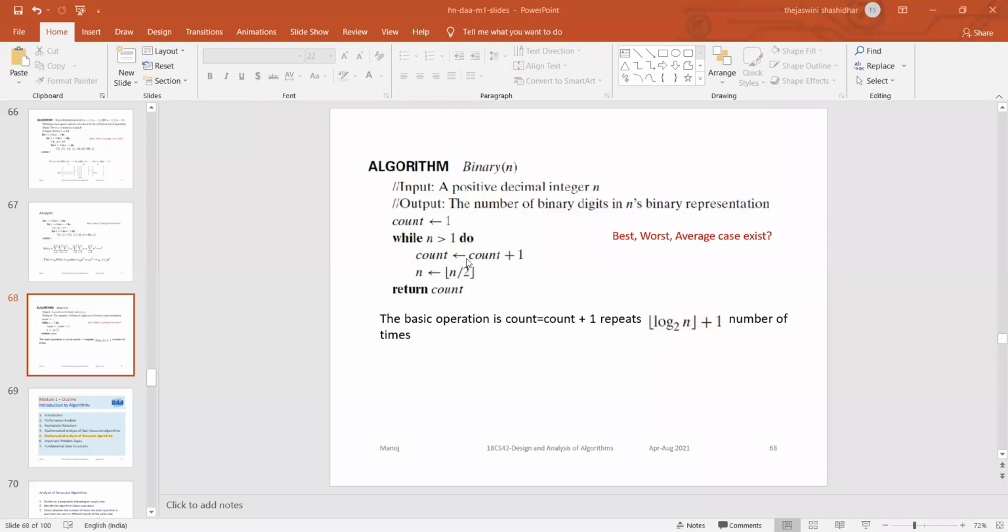As the count is there, you then divide that number by 2. This will be executed after the count. So the basic operation is count, and count plus 1 will be given as log n plus 1. The count happens when n is greater than 1.